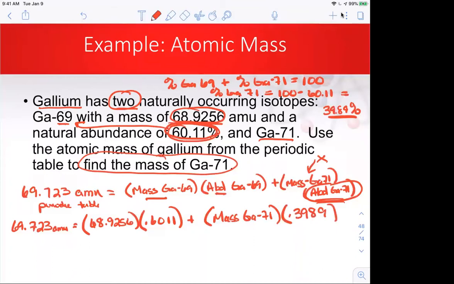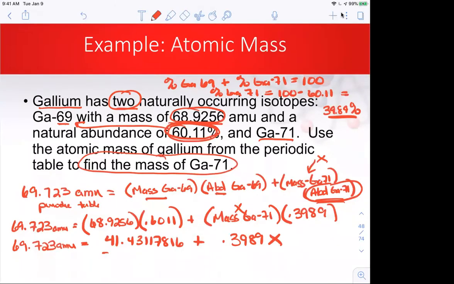So if I do this, I get 69.723 equals 68.9256 times 0.6011, which is 41.43117816, plus 0.3989x, where this is x.